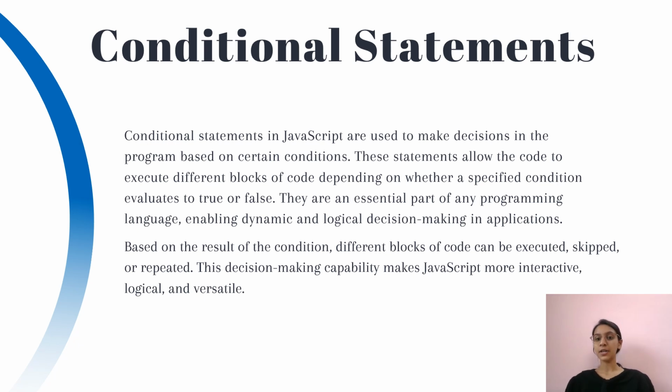They are an essential part of any programming language, enabling dynamic and logical decision making in applications. Based on the result of the conditions, different blocks of code can be executed, skipped, or repeated. This decision-making capability makes JavaScript more interactive, logical, and versatile.